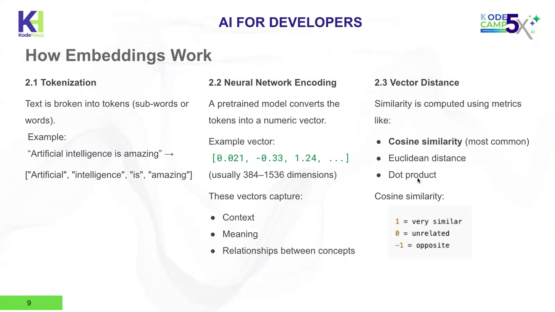Then dot product. Dot product is a matrix product between those two vectors, also called an inner product. Okay, so those are the 3 key elements of embedding. You first tokenize your words, then you get an embedding for those tokens, and then you can calculate the vector distance.